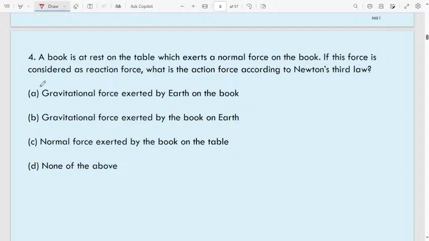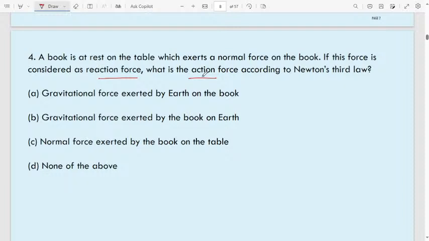If this force is considered as a reaction force, what is the action force according to Newton's third law of motion? According to Newton's third law of motion, for every action there is an equal and opposite reaction. Like a rocket, you can consider, that is the best example for Newton's third law of motion.